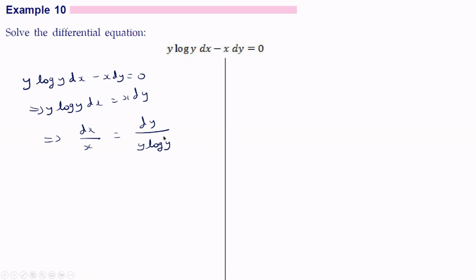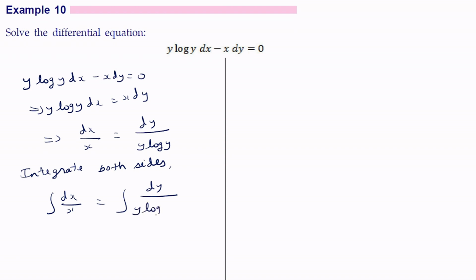Now for integrating we can use any of the methods of integration that we have learnt to find the integral of these. So if we integrate both sides, integral dx by x equal to integral dy by y log y.